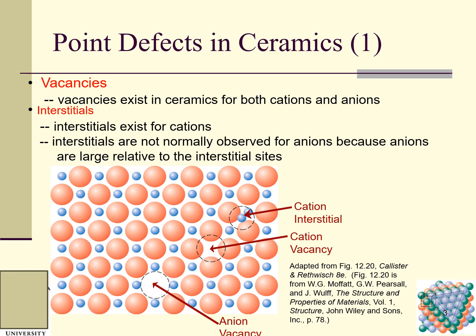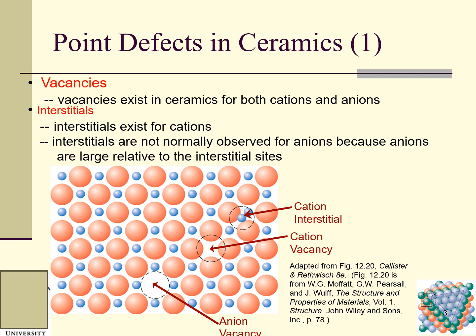As we learned the defects in metal and metal alloys, we also talk about the point defects in ceramics. First, we have vacancies. Vacancies exist in ceramics for both cations and anions.